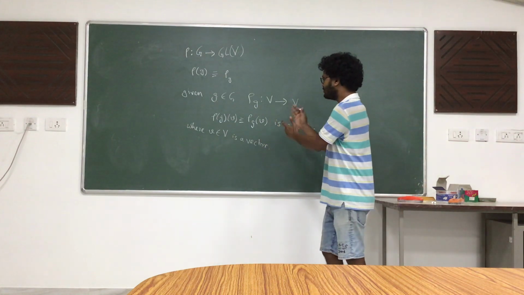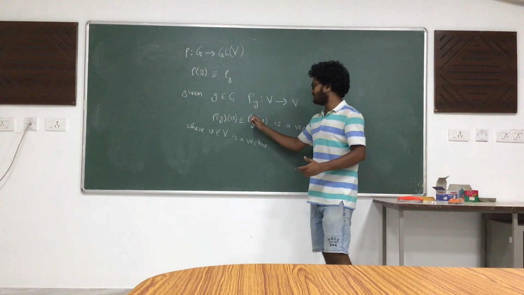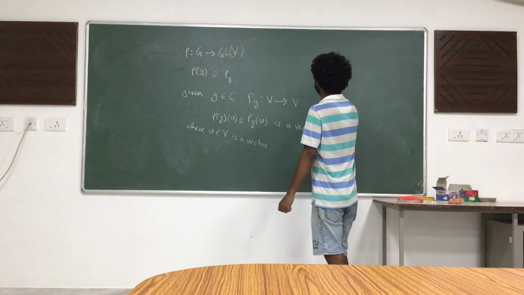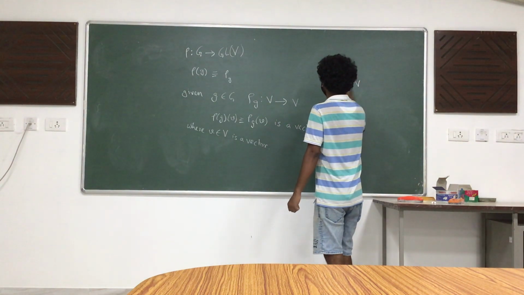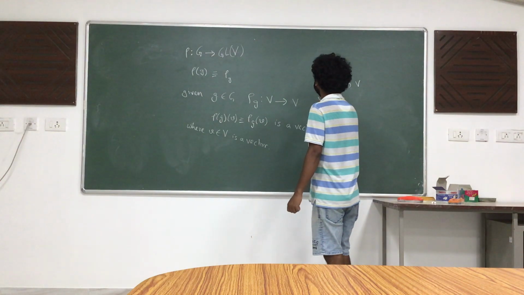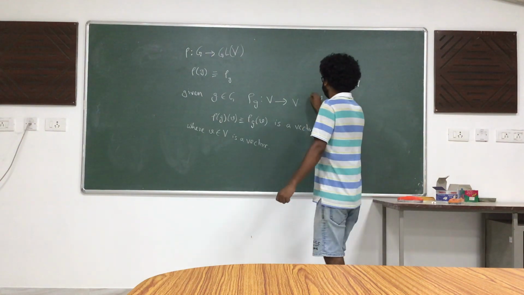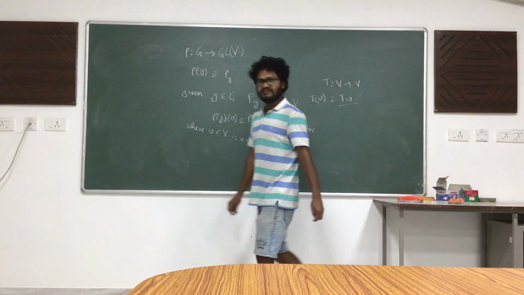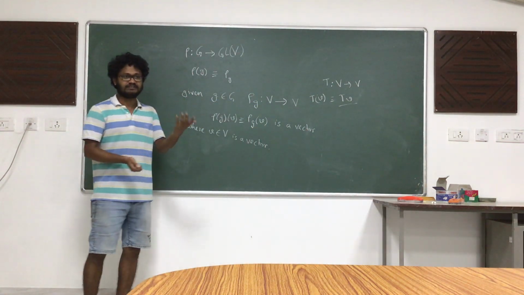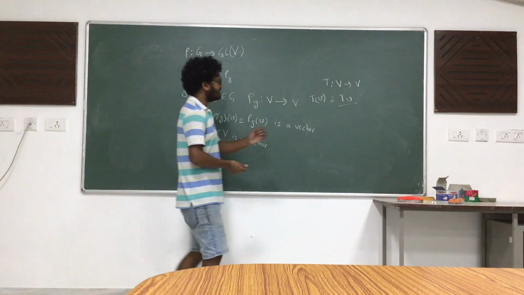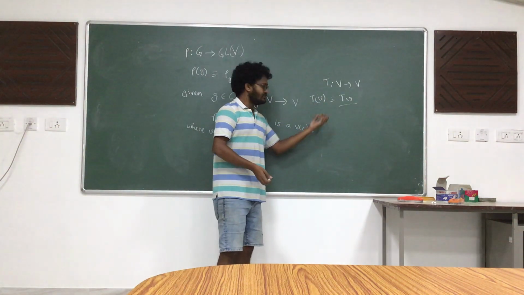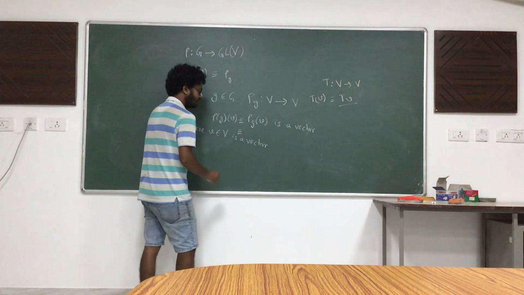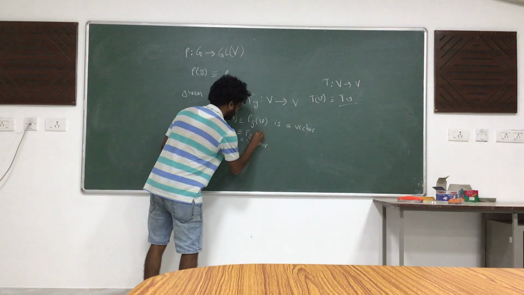If T is a linear transformation from V to V and v is a vector on which T acts, we usually write it as T v. So rho g of v from now on will be written as rho g v.